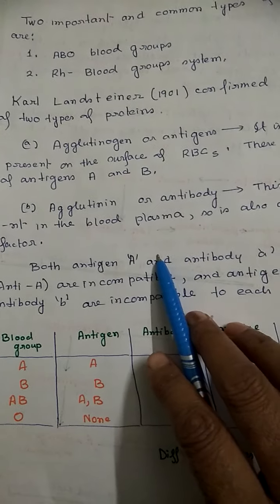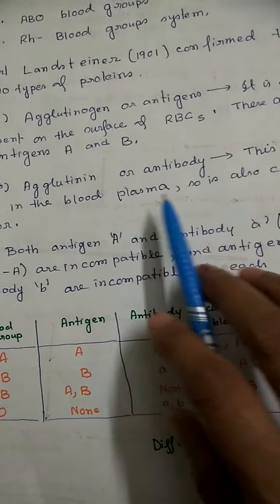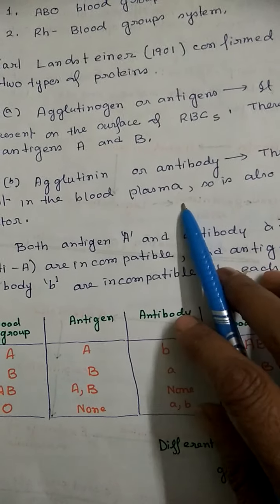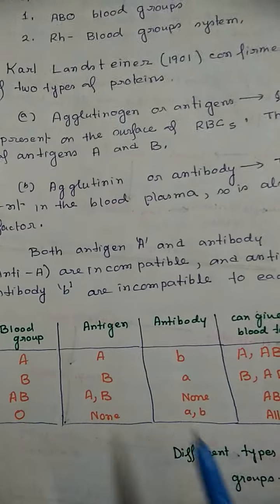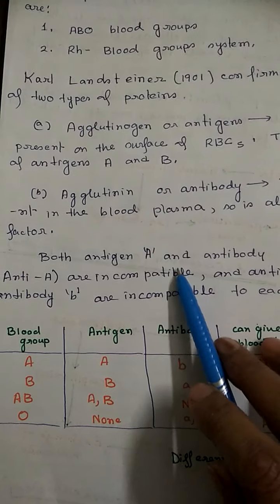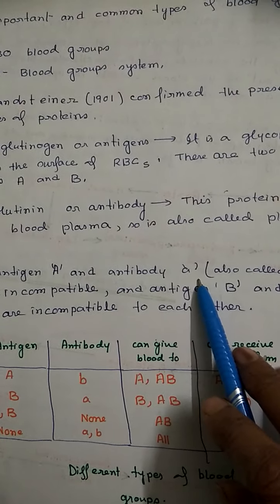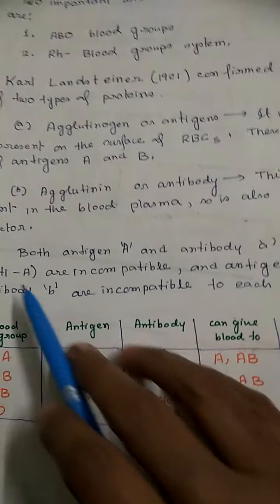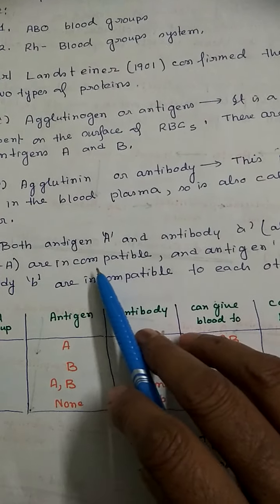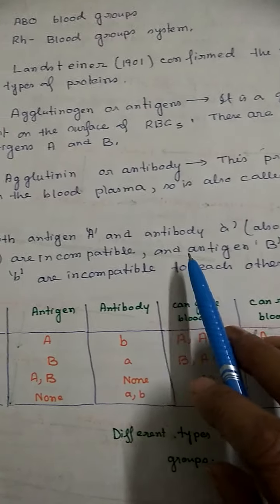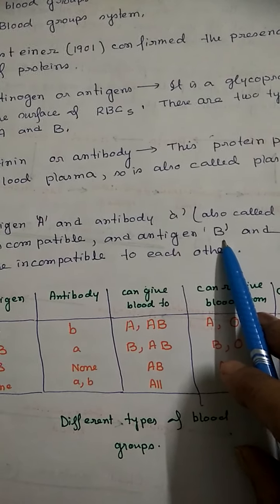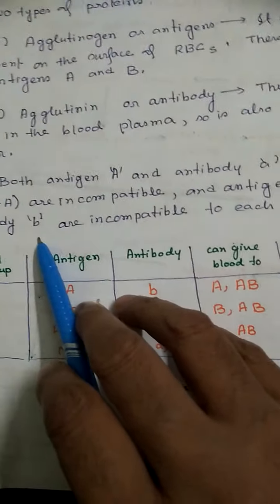In case of the antibody, it is present in the blood plasma, it's a protein also, so it is called the plasma factor also. Antigen A and antibody small a are also called anti-A, and antigen capital B, its antibody is small b.